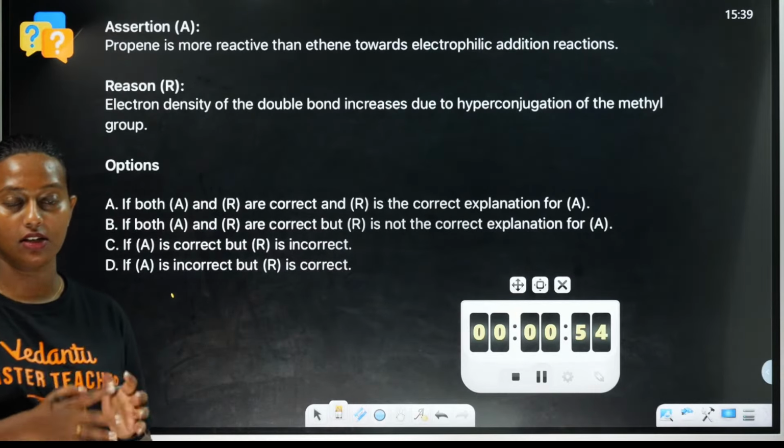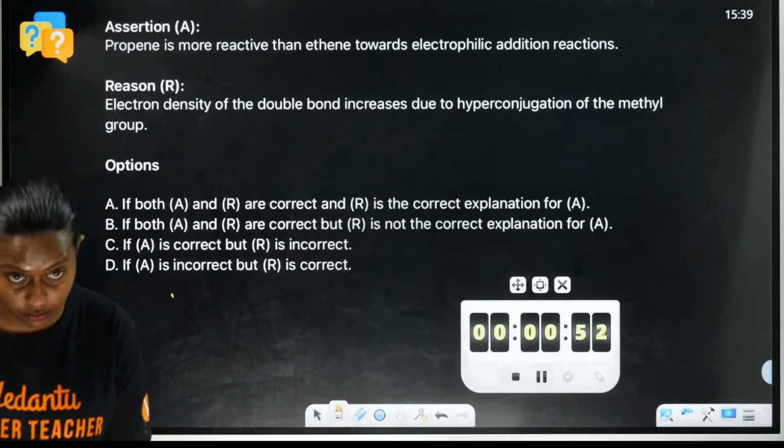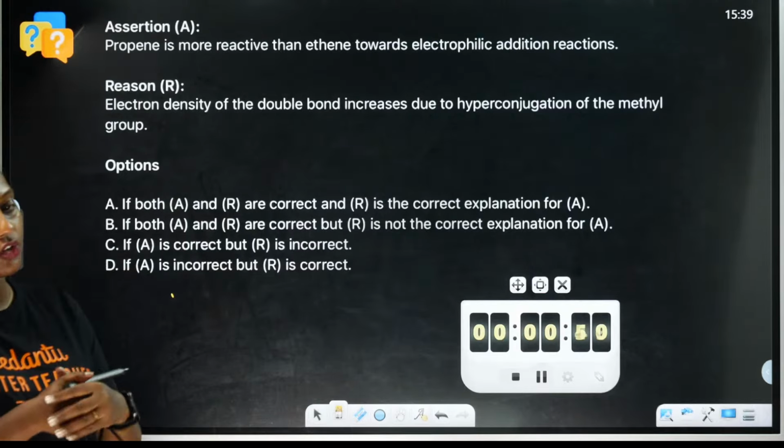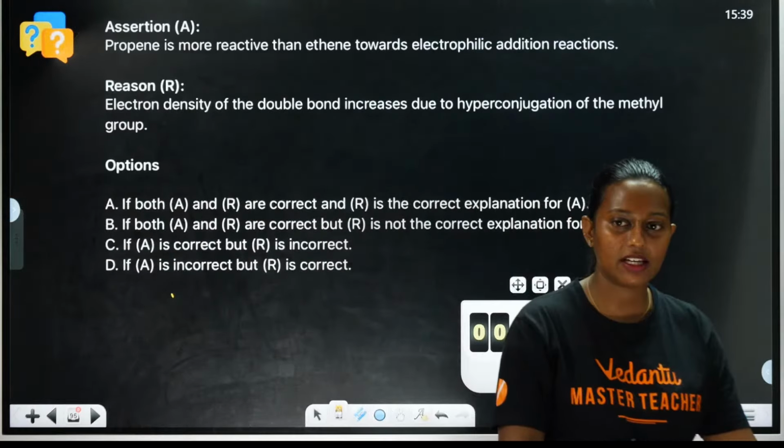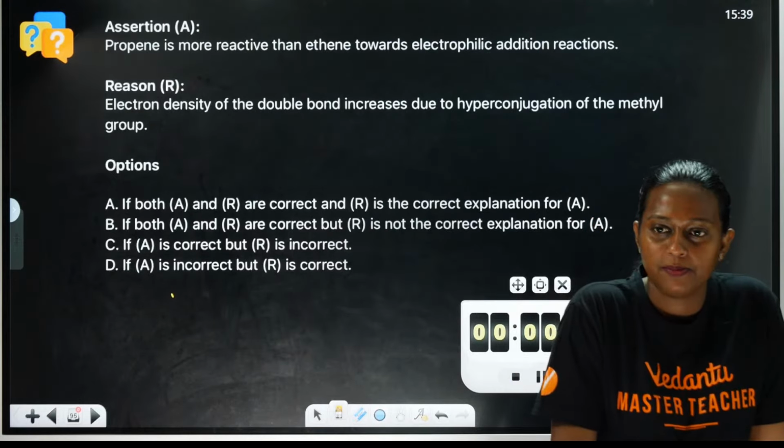What is the correct answer? It's an assertion reason type of question. Assertion reason type of question is always like a tricky question.